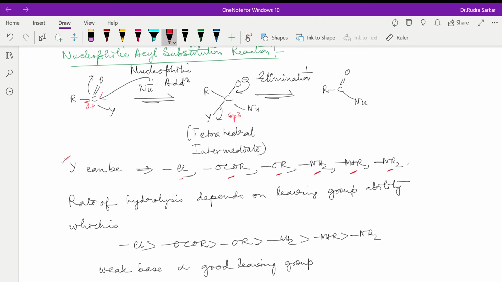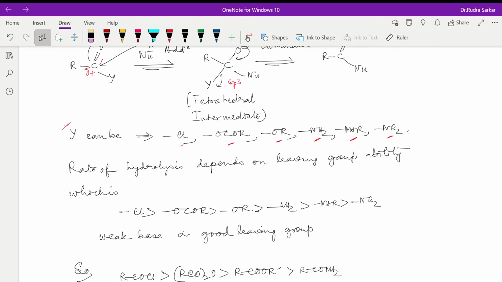Now, if one has to ask how fast these will react with water, that is hydrolysis. The rate of hydrolysis will depend on which group among these is a better leaving group. The leaving group ability depends on which is a weaker base. For anything to be a weak base, it has to be the conjugate base of a strong acid.